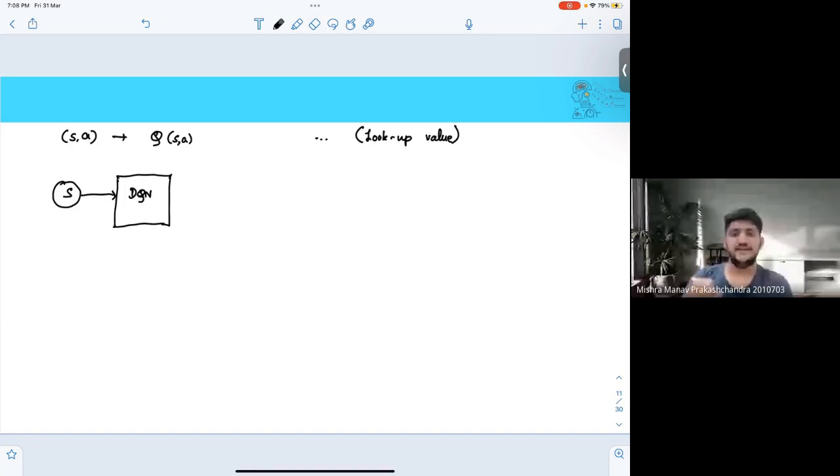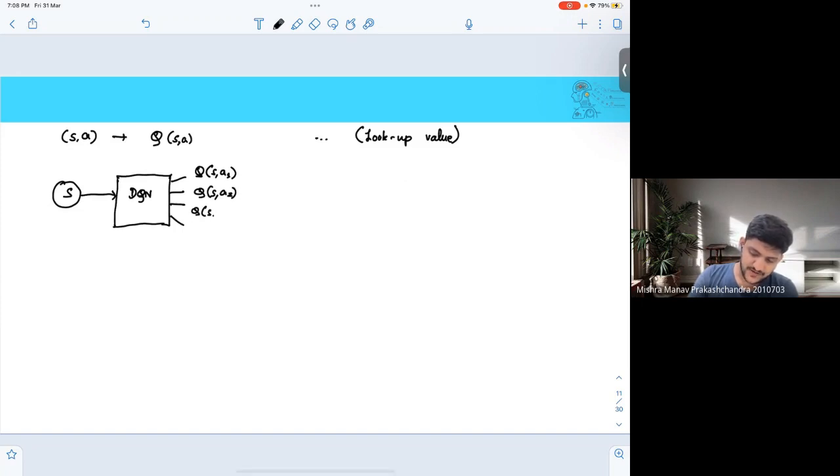From here, the output would be the number of possible actions from that particular state. So this would give me Q of S comma A1, Q of S comma A2, Q of S comma A3, dot dot till Q of S comma An.